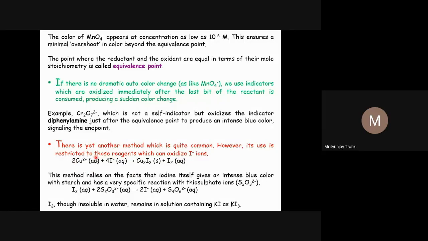Examples of such reagents are copper and Fe3 plus, because iodide is being oxidized, so we need something which can be reduced. Copper 2 plus, cupric, is the most stable oxidation state of copper. Cupric can get converted to the Cu plus 1 oxidation state, being reduced, so it can oxidize iodide. Similarly, Fe3 plus, ferric, will get converted to ferrous.